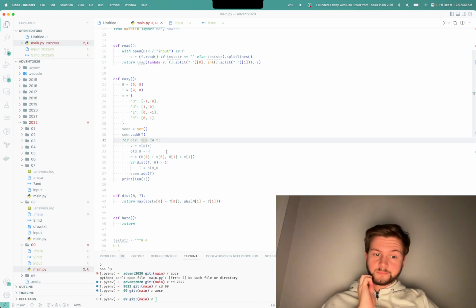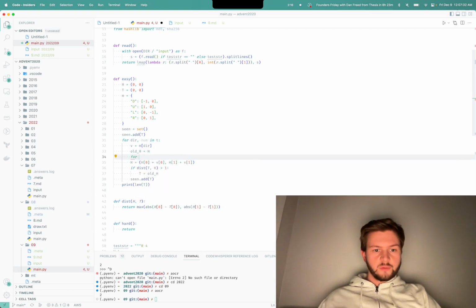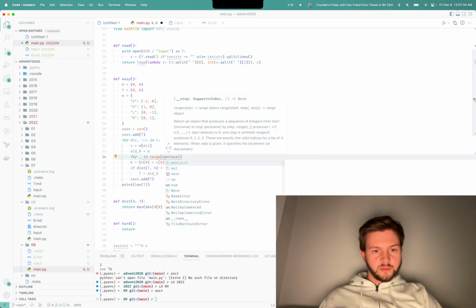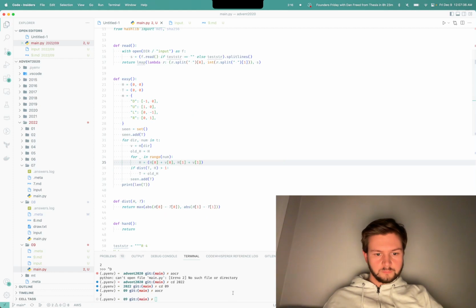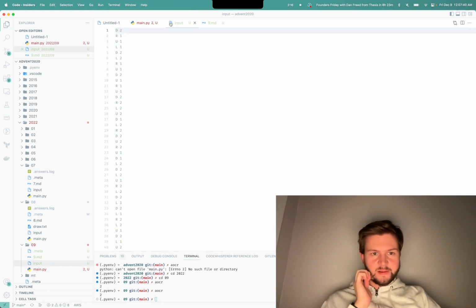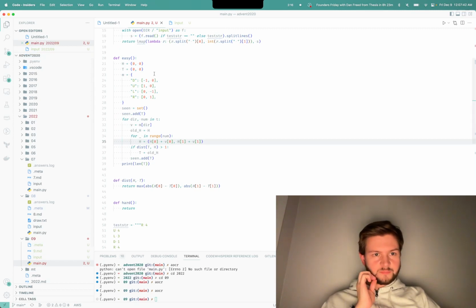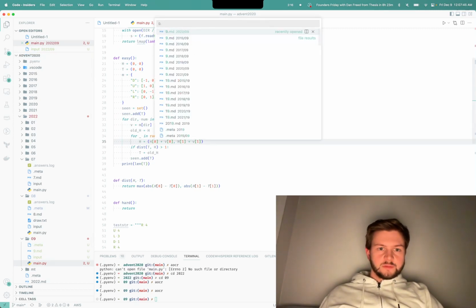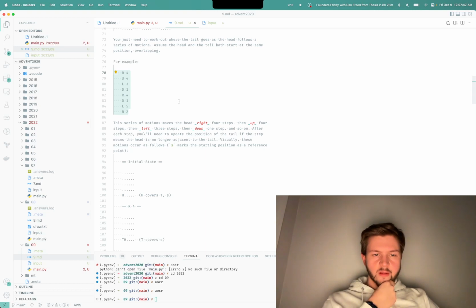Why is this? Oh, okay. For underscore in range num. Still 2. That's a bit of an issue. What's going on?